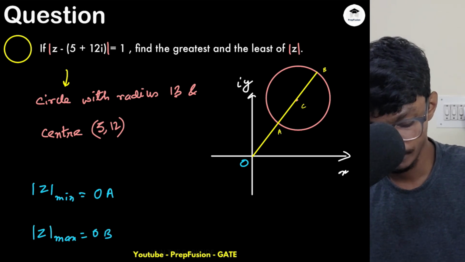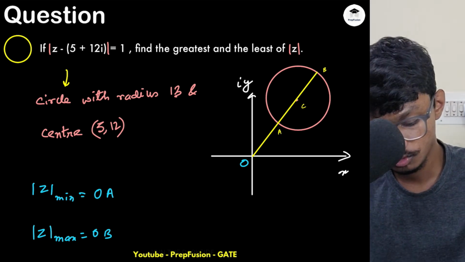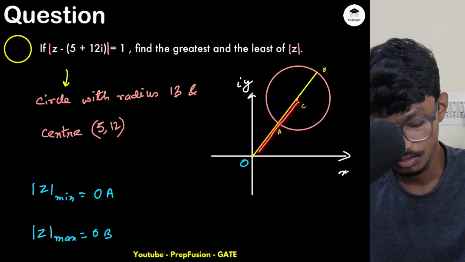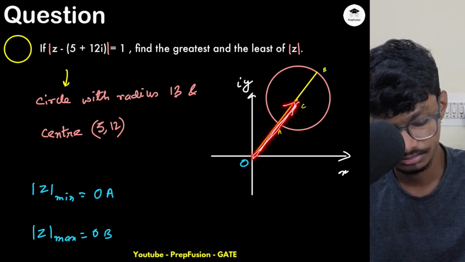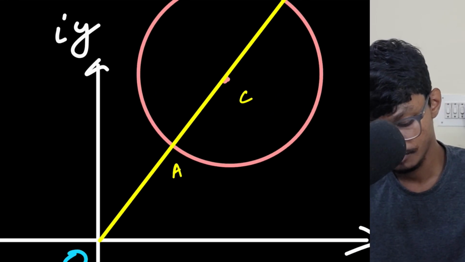So you can compute it, right? Do we know the OC distance? Yes, because what is the point C? This point C is 5, 12.